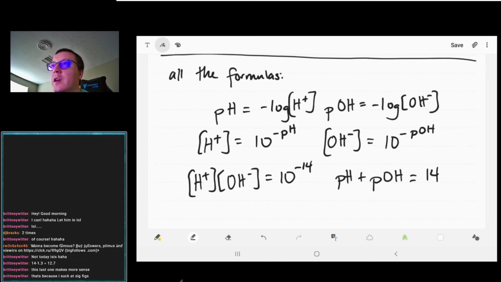So the first two rows are converting between concentration and the log scale, and then going backwards. And the other two are for figuring out what the other one is going to be. So that would be if you have pH or H plus, you could figure out pH or pOH or OH minus concentration.